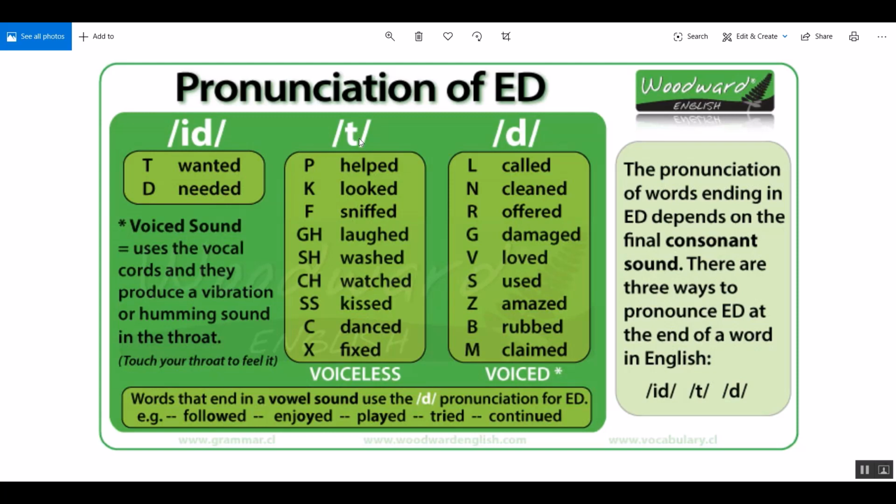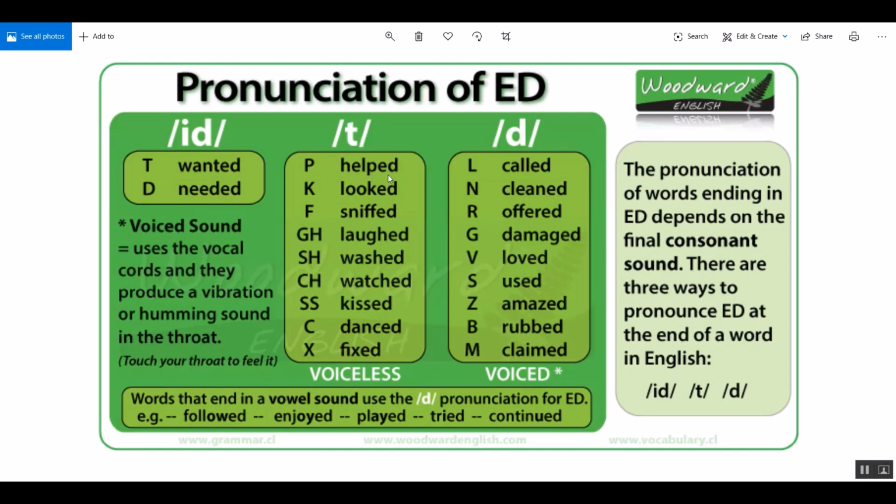Helped, looked, sniffed, laughed, washed, watched, kissed, danced, fixed. Okay, so if the verb ends in these sounds in the present, then when you say them in the past, you have to make a T sound.